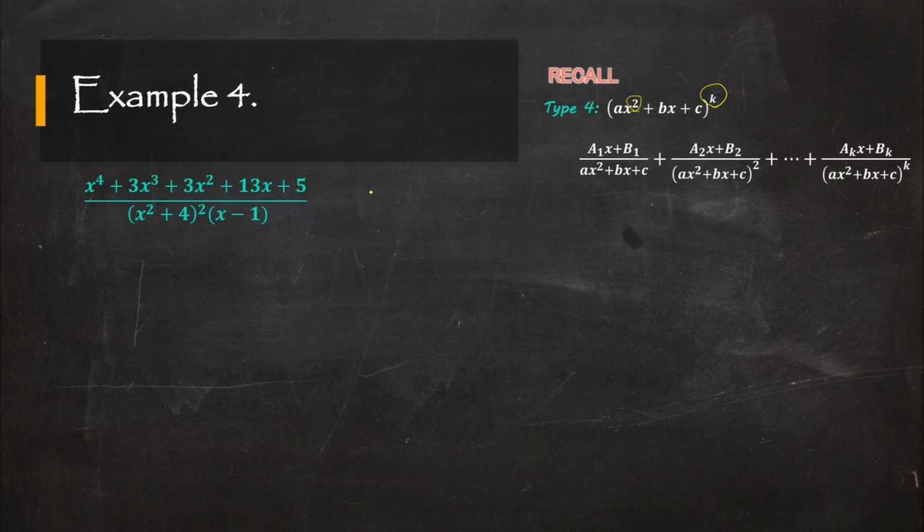For the denominator, we have x squared plus 4 squared times x minus 1. So here I already give you those two factors, right? So let's say the first one is type 4. The first one is just type 1. Okay, so now let's set up the general form.